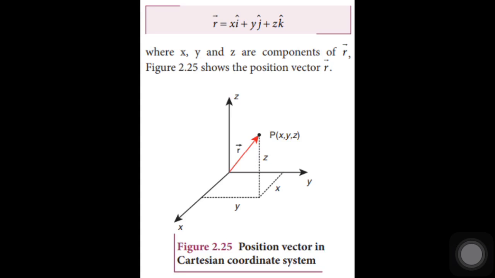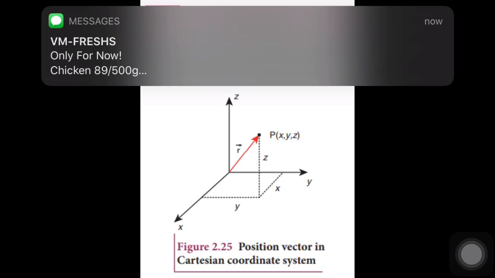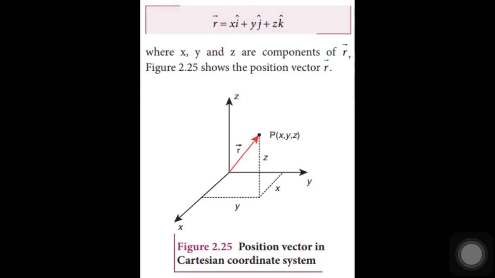The three axes meet at a common point. That point is normally taken as O or the starting point. So with respect to that starting point, the position at which the object stays is called the position of an object at a time t.